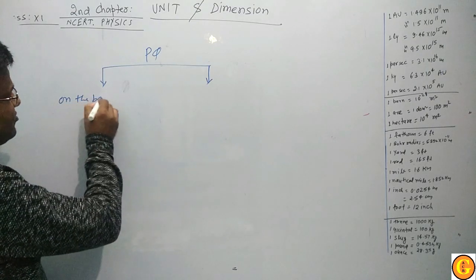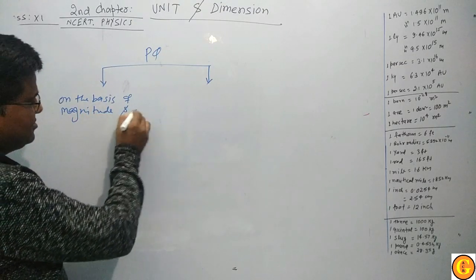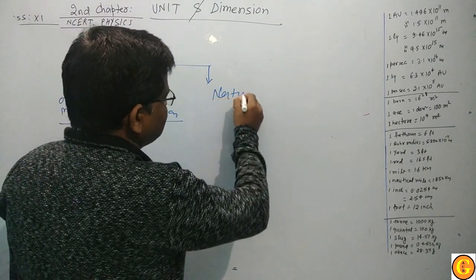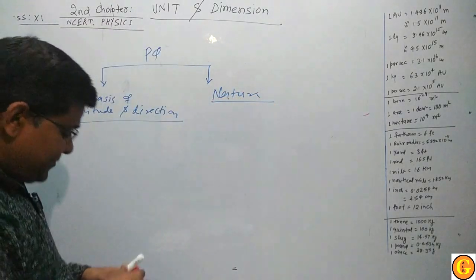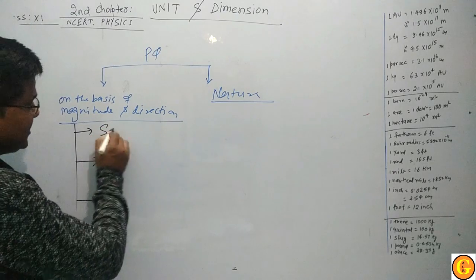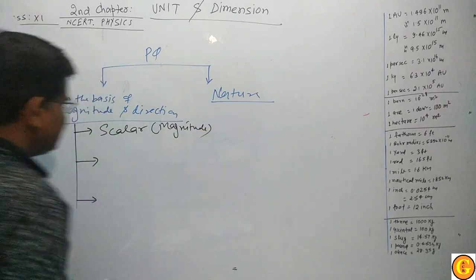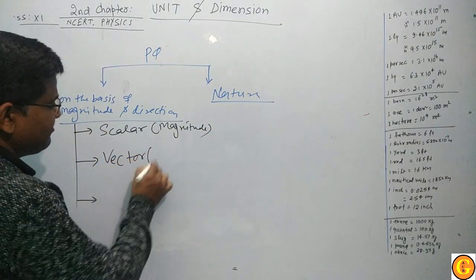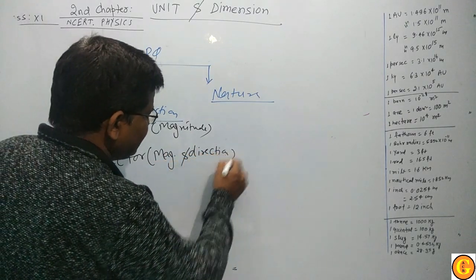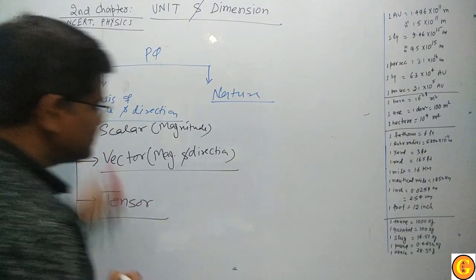On the basis of magnitude and direction, we will learn the first is scalar, which has only magnitude, and vector, which has both magnitude and direction. I will explain this later on. And the third is tensor quantity. These are all explained later.